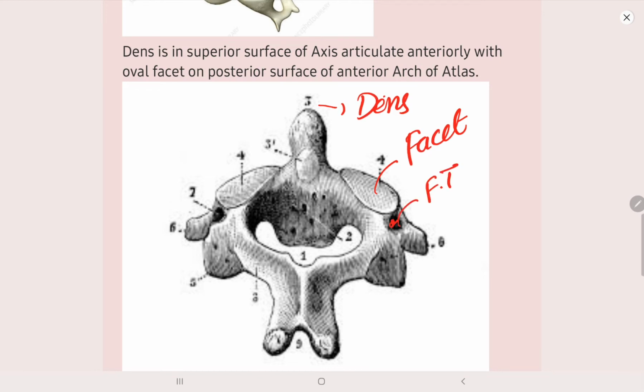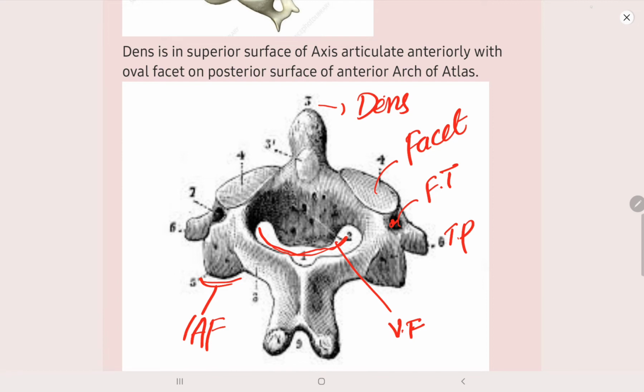Then you can see the transverse process, and the foramen present in the transverse process is known as the foramen transversarium. Then here you can see the vertebral foramen. Then here is the inferior articular facet, which you can see over there.